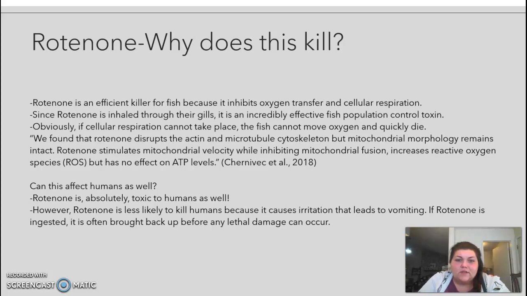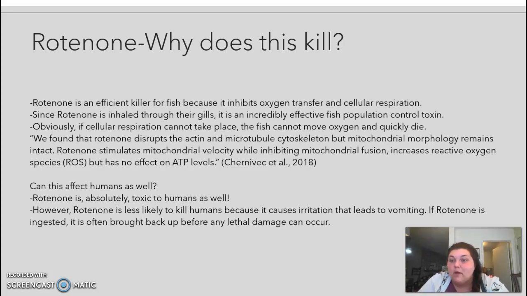I think it's interesting that we did find that it disrupts the microtubule cytoskeleton, so it causes a deformity in the cytoskeleton of the cells. So again, it makes it so that oxygen can't process through.